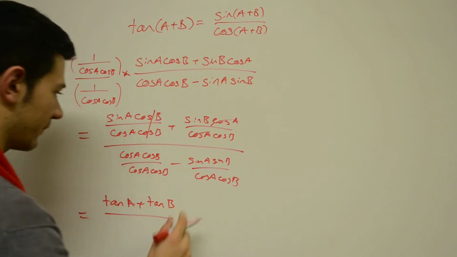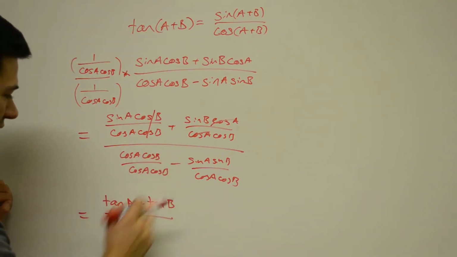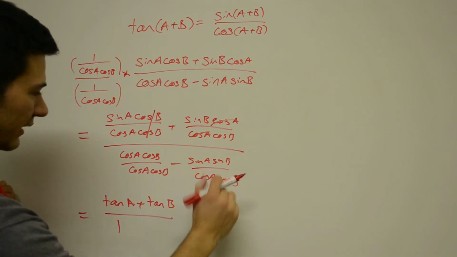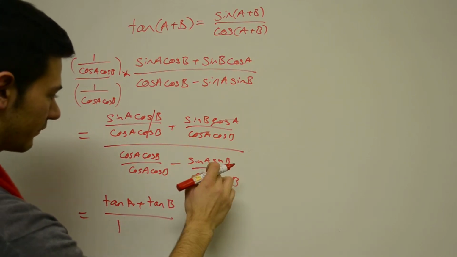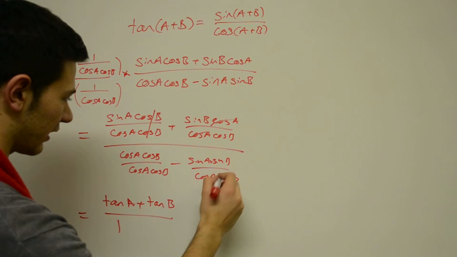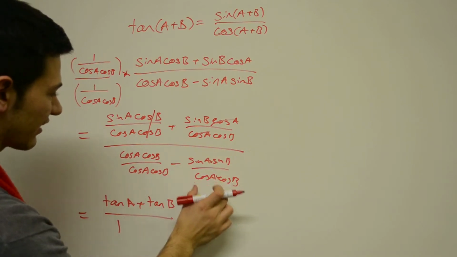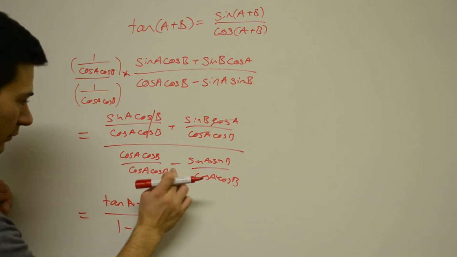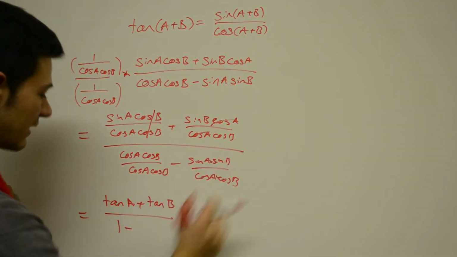And then cos a cos b over cos a cos b is 1, minus sine a sine b over cos a cos b. You can think of that as each of those being multiplied. Then you have sine a over cos a times sine b over cos b, which is going to be, remember the minus, tan a tan b.